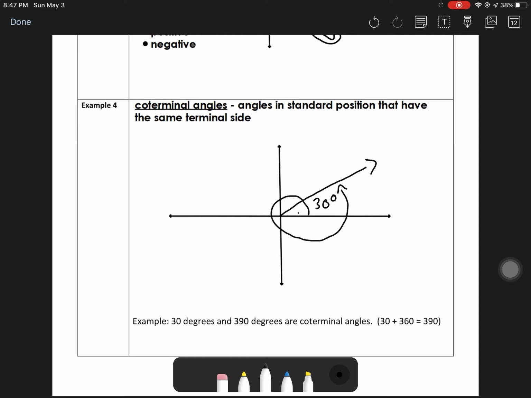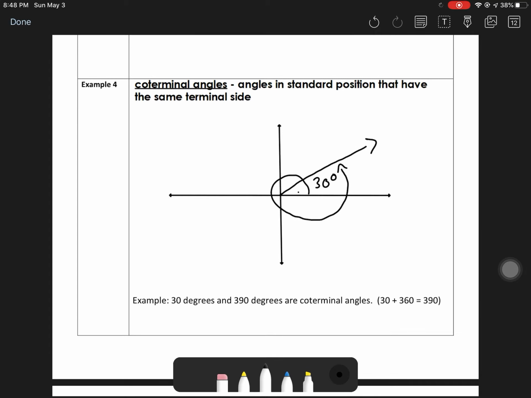This little curl that I have here shows that I'm completing a full rotation of the 360 plus 30 additional to get into the same spot. So technically, what I did was I completed a full 360 and then I went 30 more. So I'm going to add those together and I get 390 degrees. So this is 390 degrees. So 30 degrees and 390 degrees are coterminal.